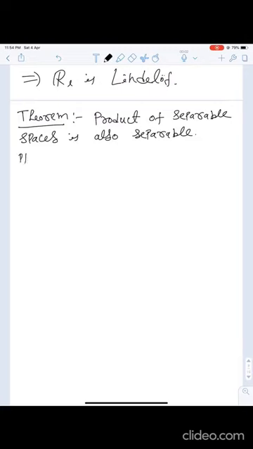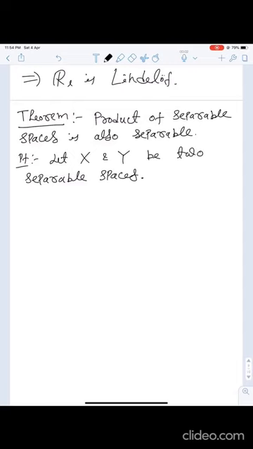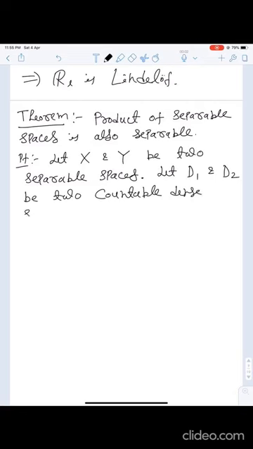So let X and Y be two separable spaces. So let D1 and D2 be two countable dense subsets of X and Y respectively.